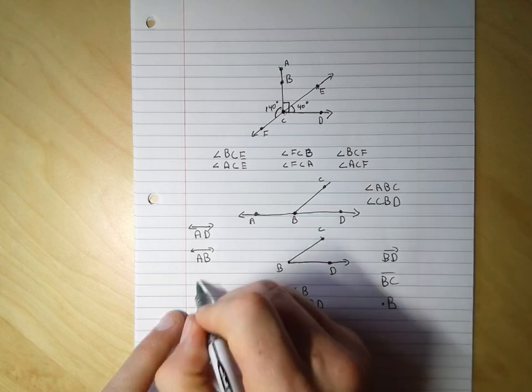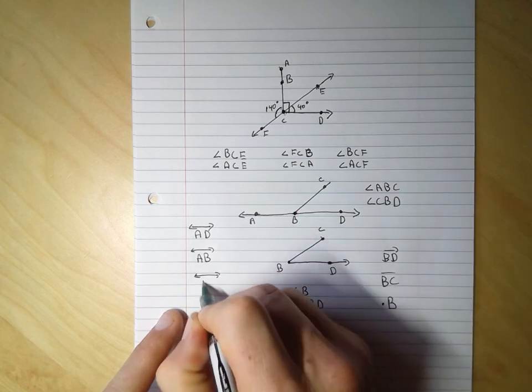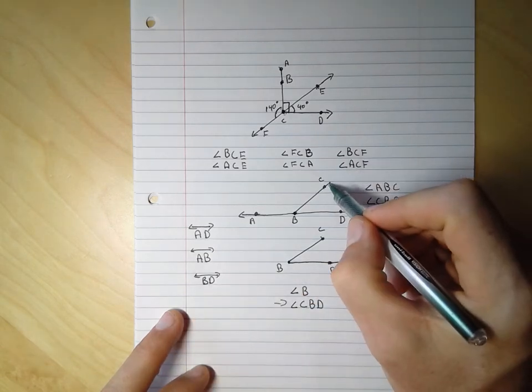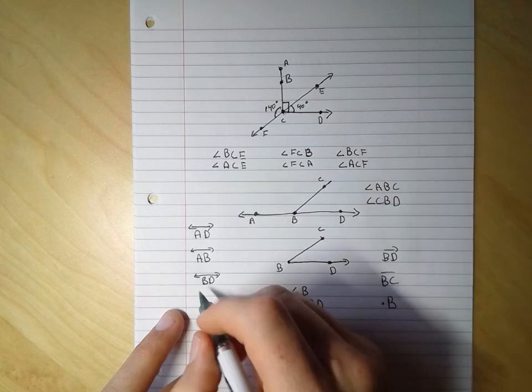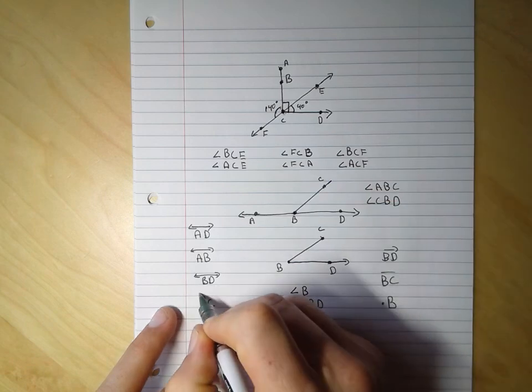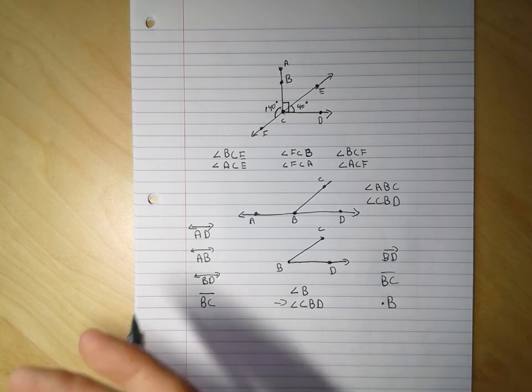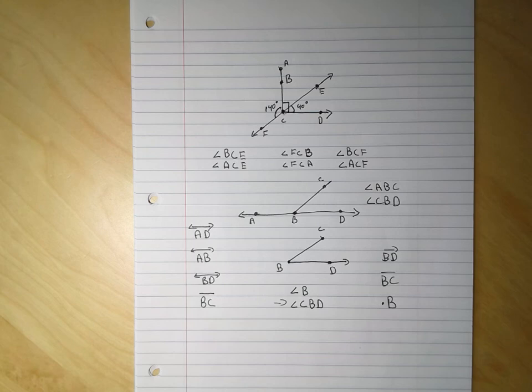We could call it line BD, but this one right here, BC, because there are no arrows on the end, would just be line segment BC, and there's only 2 points on the line, so we don't have anything else we could use for the name. So that's simple naming conventions for angles and for lines.